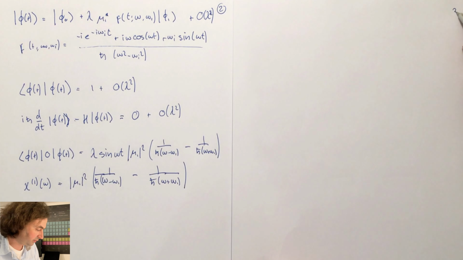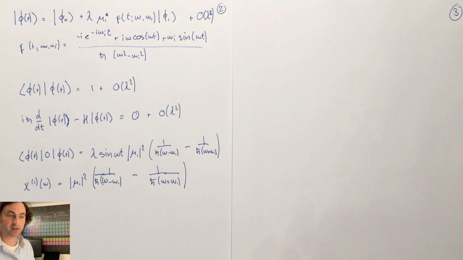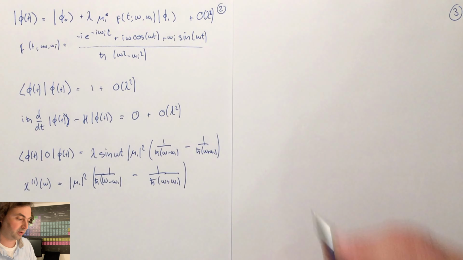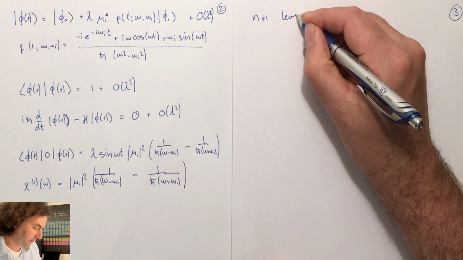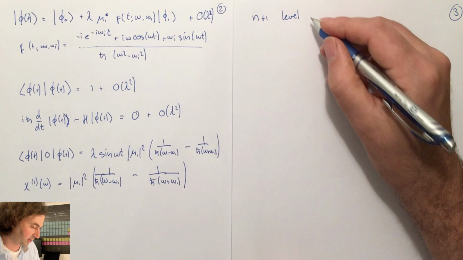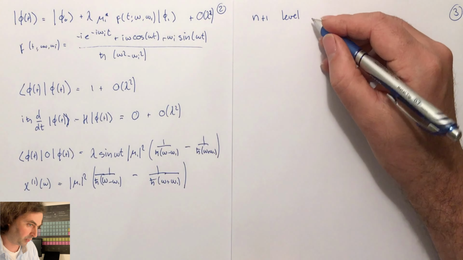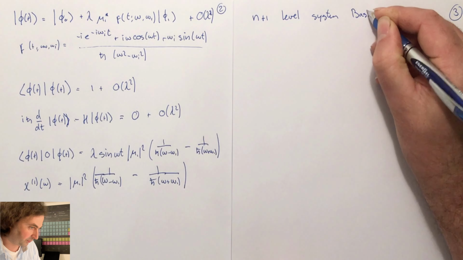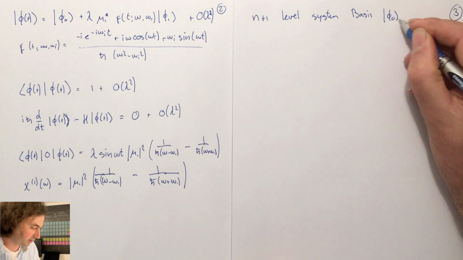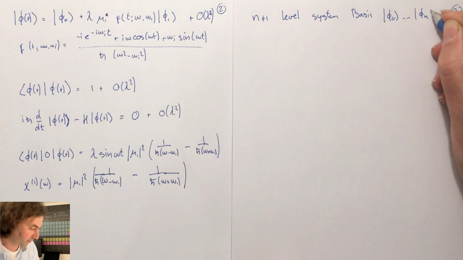Now let's see how we can generalize this to an n-level system. So we're going to take n excited states, and we have our ground state, or the state from which we started. So in total we have an n+1 level system. And our basis is given by psi 0 up to psi n.